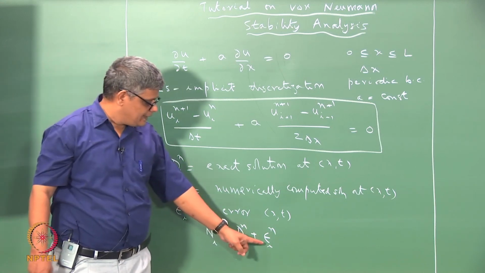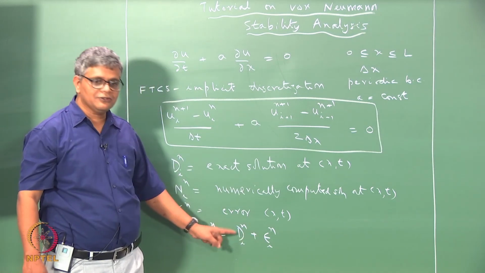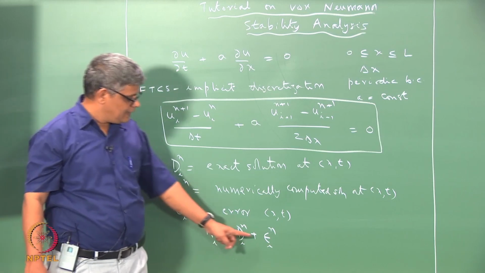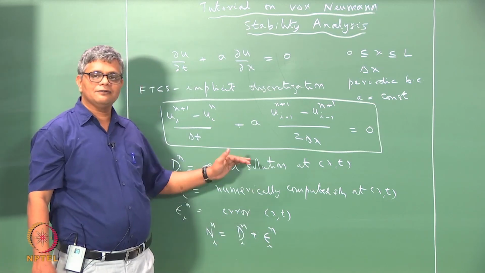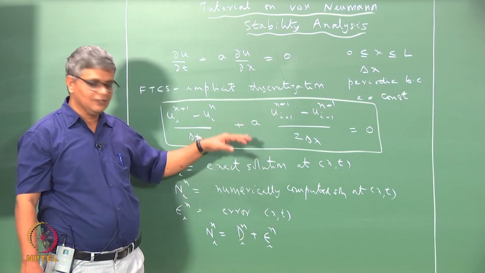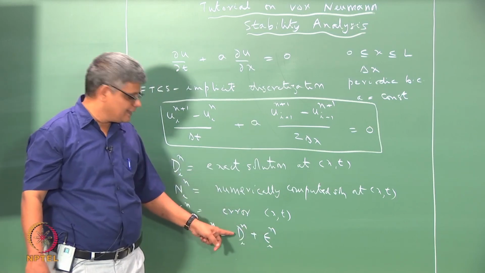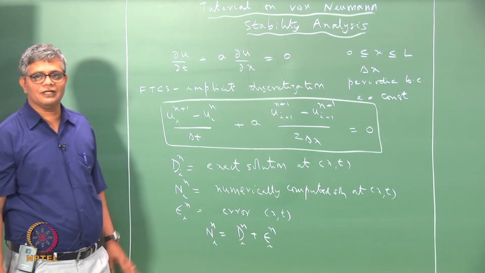As long as epsilon is very small, N will be almost equal to D. If epsilon is growing, then after a certain number of time steps, epsilon will become large. It will become so large that N will be more like error than like D, and that is what we would like to avoid.